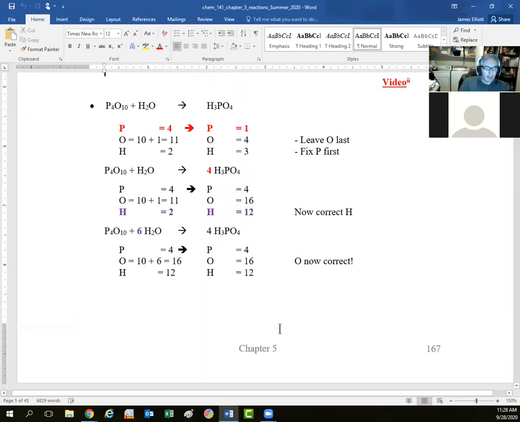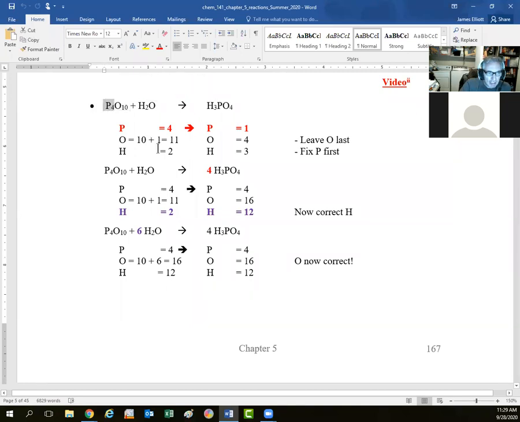Next one, with the P4O10, tetraphosphorus decaoxide. That's reacting in water to produce H3PO4, phosphoric acid as it's known. Now this one, oxygen, is again tricky because it's in every chemical formula. So let's leave that last. We start with the phosphorus.